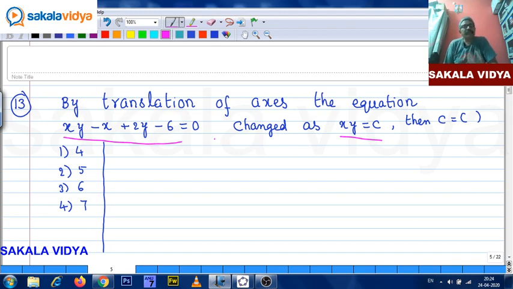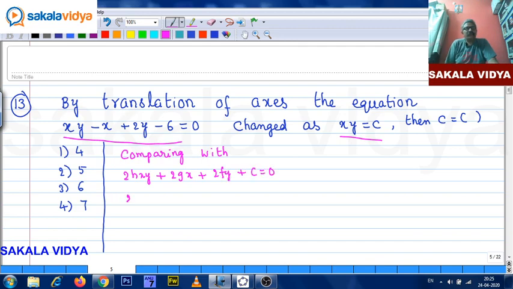So to eliminate first degree terms, we need to find out first of all to which point the origin is to be shifted. Now comparing this equation with 2hxy plus 2gx plus 2fy plus c equals to 0, here we get 2h is equal to 1, h equals 1 by 2, 2g is equal to minus 1, g equals minus 1 by 2.